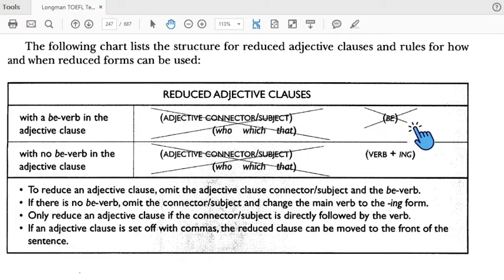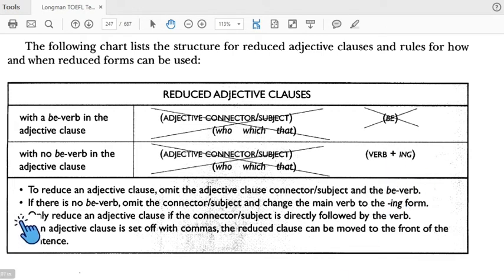But in the second, if the adjective connector subject who, which, that is followed by a verb, we reduce or omit the adjective clause connector, and we change the verb to the ing form.